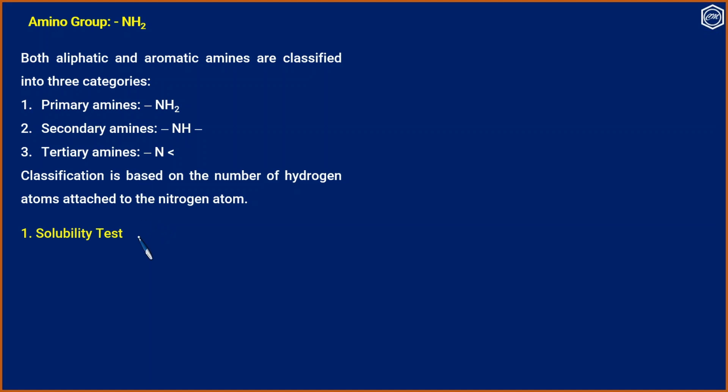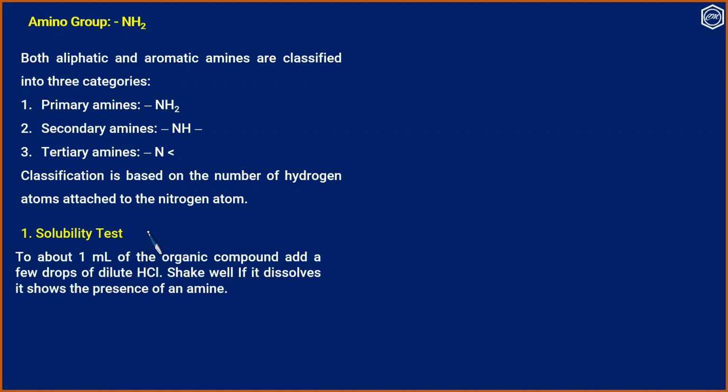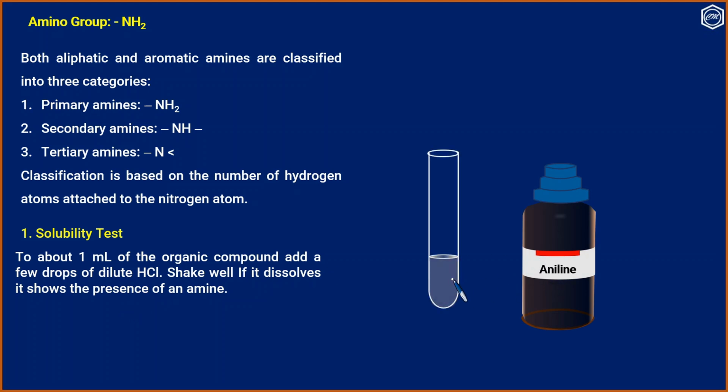First, let us consider the solubility test. To about 1 ml of the organic compound, add a few drops of dilute HCl. Shake well. If it dissolves, it shows the presence of an amine. For example, take about 1 ml of aniline in a test tube.